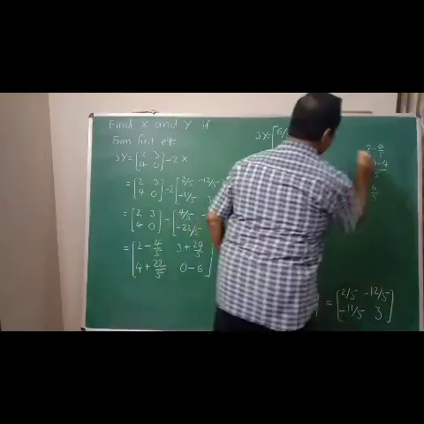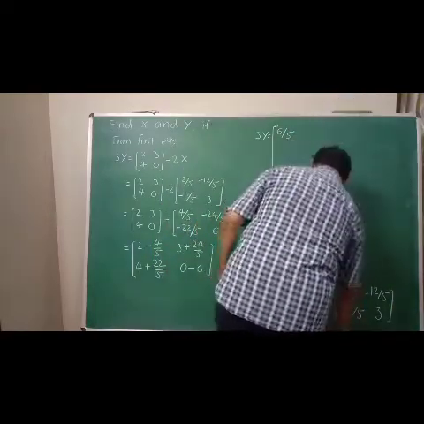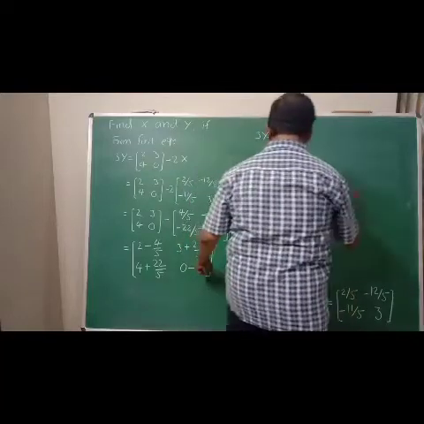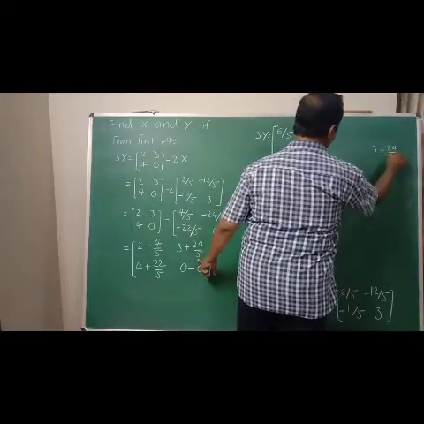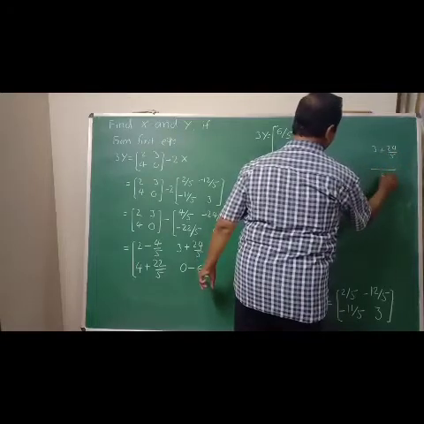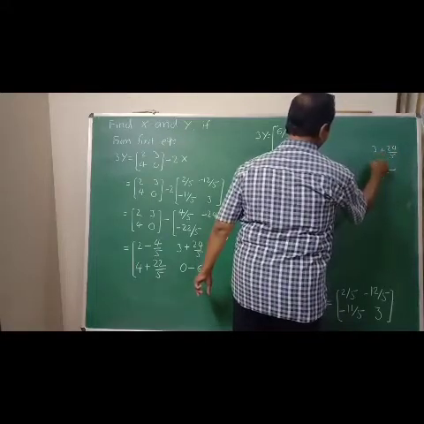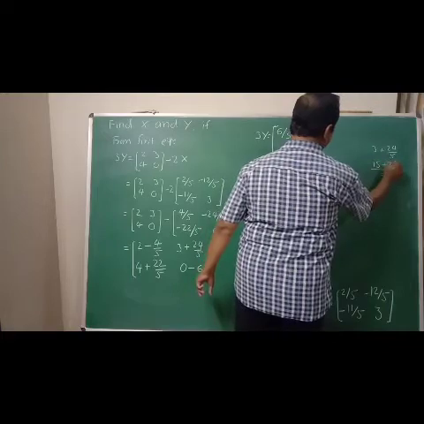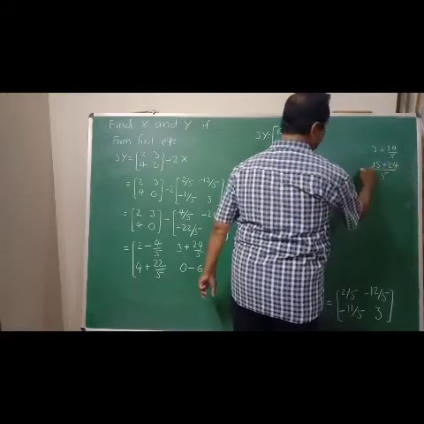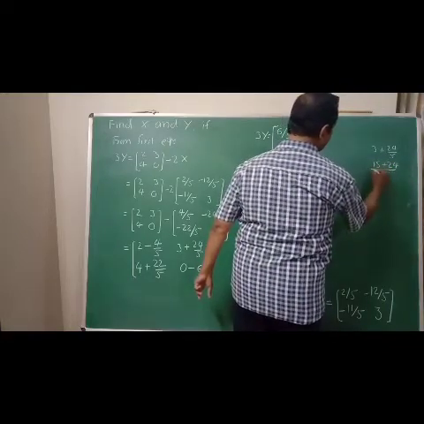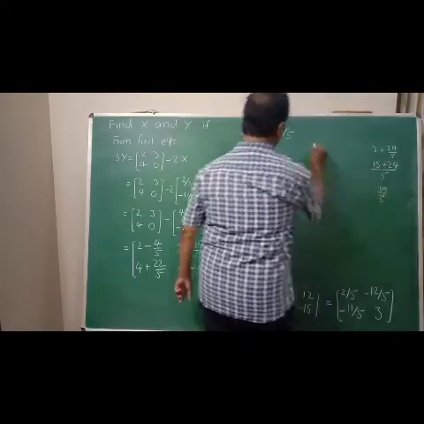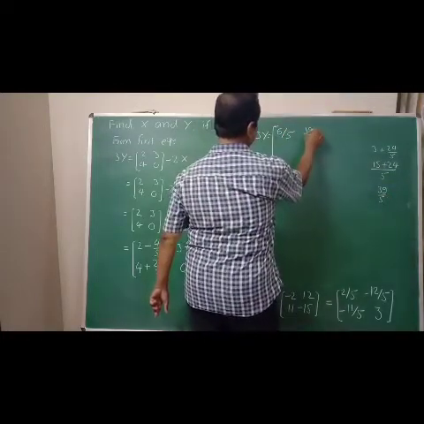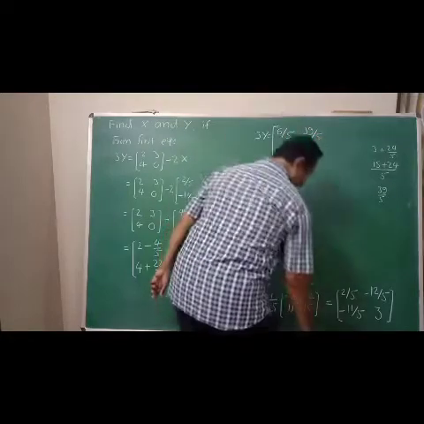Next, 3 plus 24 divided by 5. With 5 as the LCM, 5 3s are 15, and 15 plus 24 is 39, so it is 39 divided by 5.